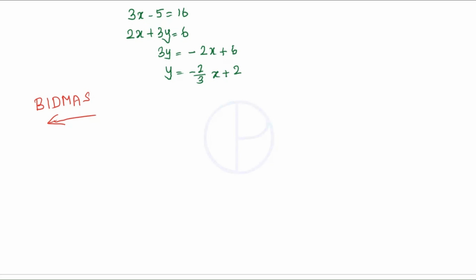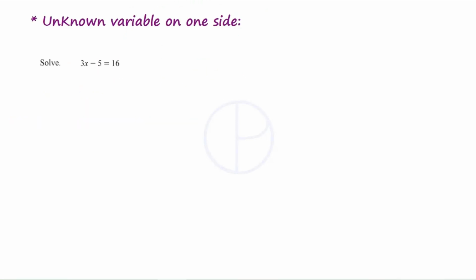Next, how to solve a linear equation with an unknown variable on one side of the equation. Let's consider this example. Here, on the left hand side, x is multiplied by 3 and 5 is subtracted from that.